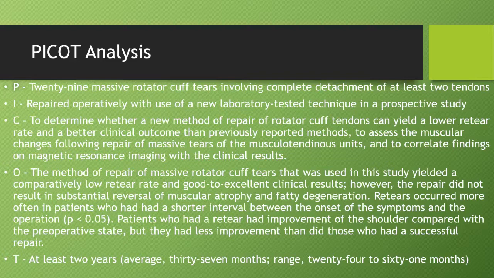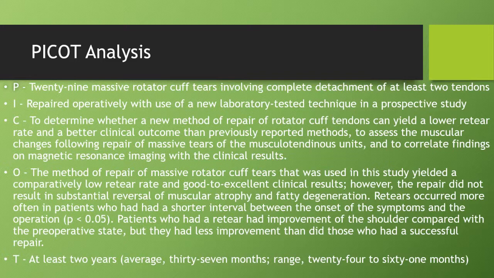The comparison was to determine whether a new method of repair of rotator cuff tendons can yield a lower retear rate and a better clinical outcome than previously reported methods. Also, to assess the muscular changes following repair of massive tears of the musculotendinous units, and to correlate findings on magnetic resonance imaging with the clinical results.